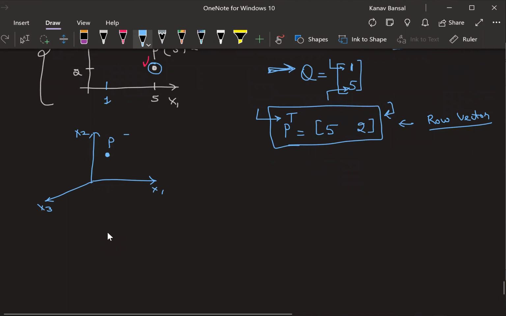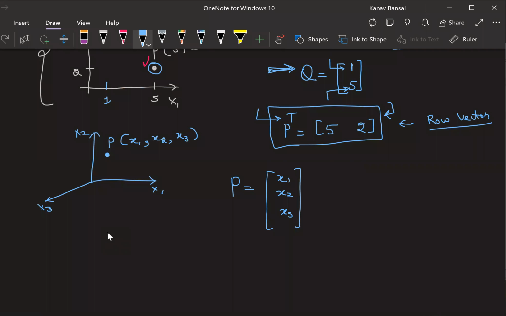You will have an x1 component, an x2 component, and an x3 component. Can I represent this point like this, x1 component, x2 component, x3 component, as a 3x1 matrix? It is also known as a column vector with three different components.